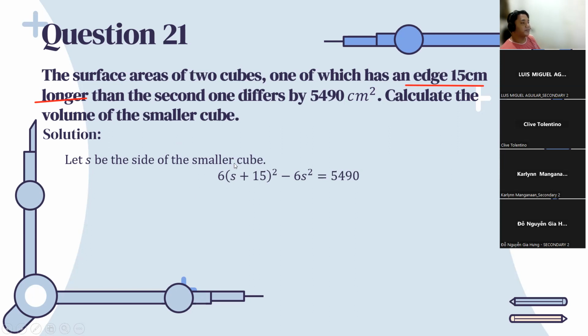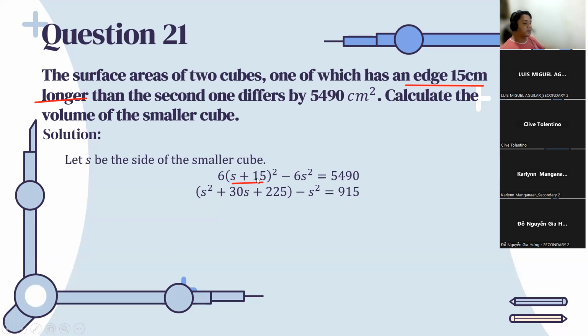So the surface area of the larger cube will just be 6 multiplied to S plus 15 squared, because the edge is 15 longer, minus 6S squared, which is the surface area of the smaller cube. That is equal to 5,490. We divide both sides by 6, which gives us 915.